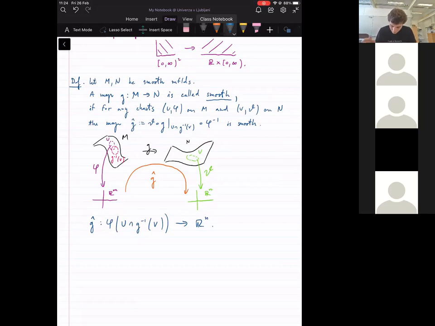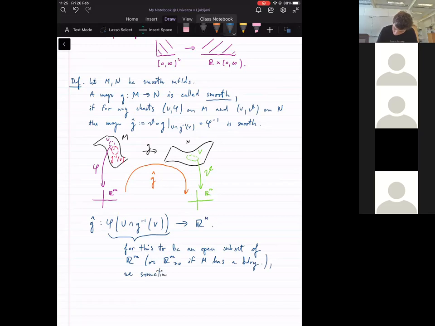So for this to be an open subset of R to the power of m, or R to the power of m greater or equal to 0 if M has a boundary, we sometimes require G to be continuous.